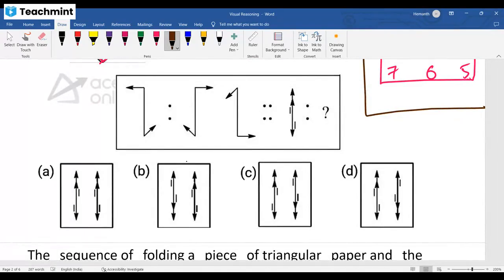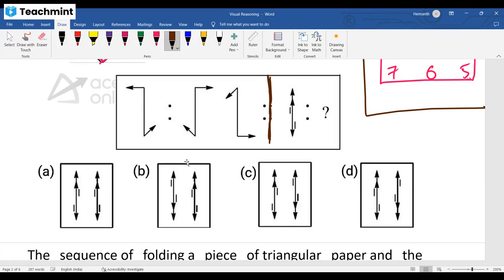This is the first pair, the second pair is this. Here, the question is completed. First one is a mirror image. The left side arrow came to the right side arrow. The bottom one, bottom only, but the bottom is on the right, it came to the left.